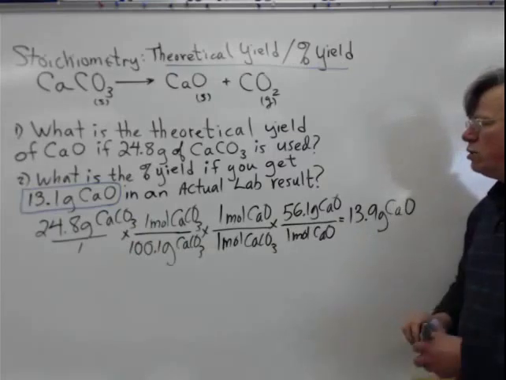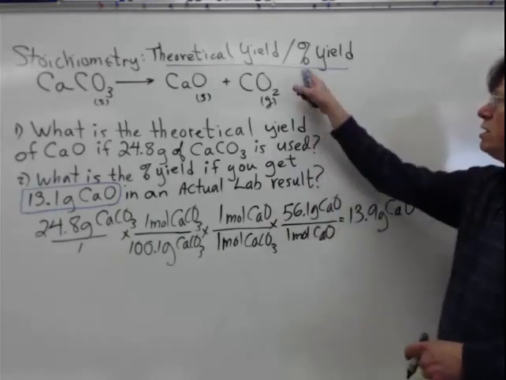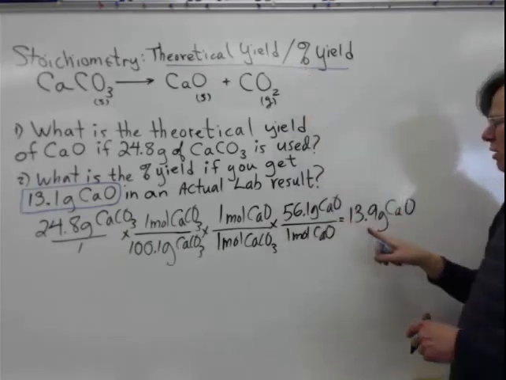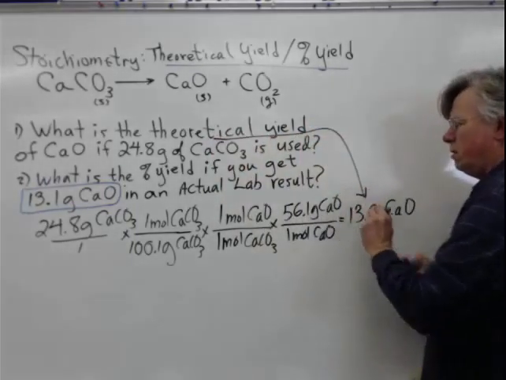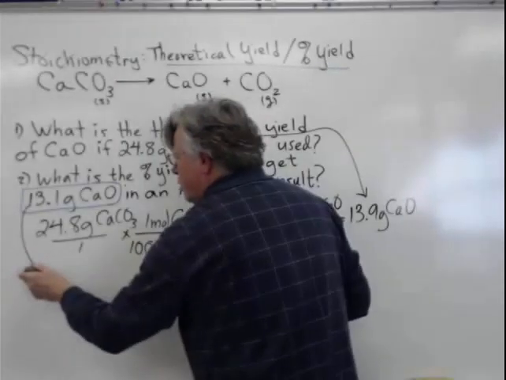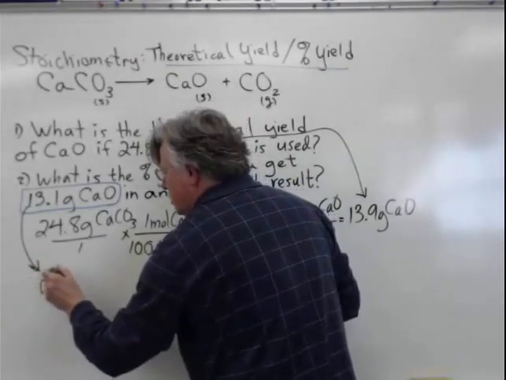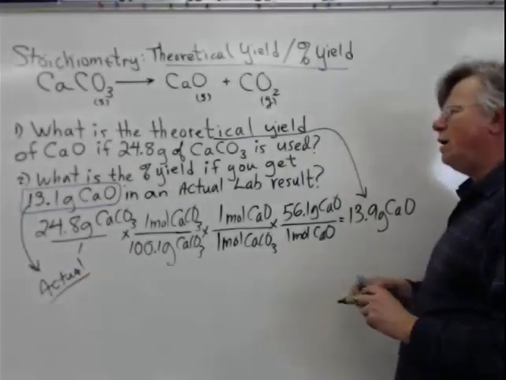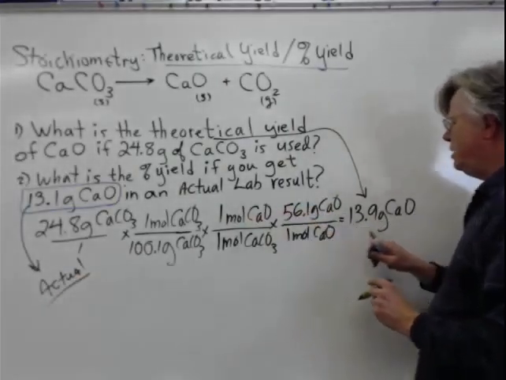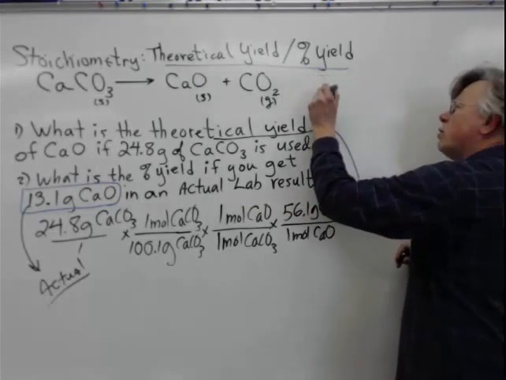So then I use the formula for percent yield. Again, this is the theoretical yield right here. This is what we call the actual yield. The actual is what happens in the lab. So I need to utilize this formula.